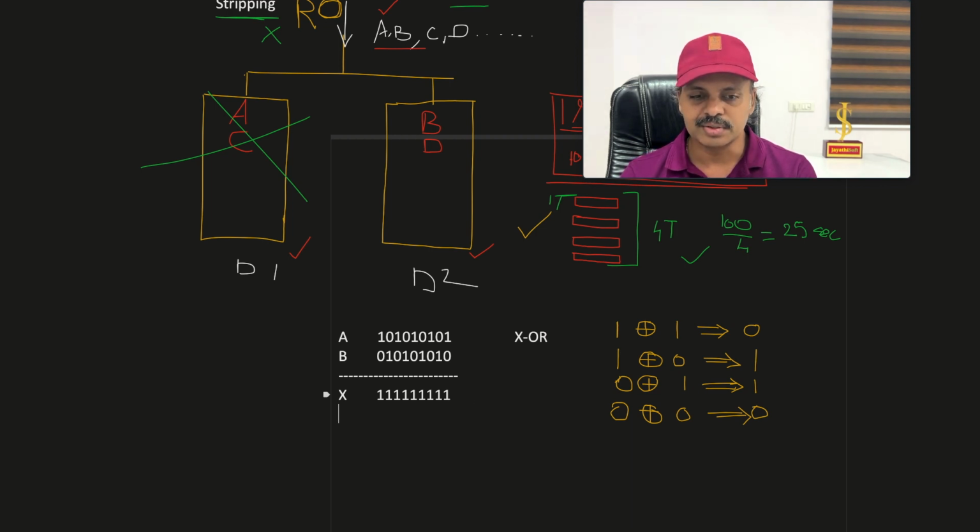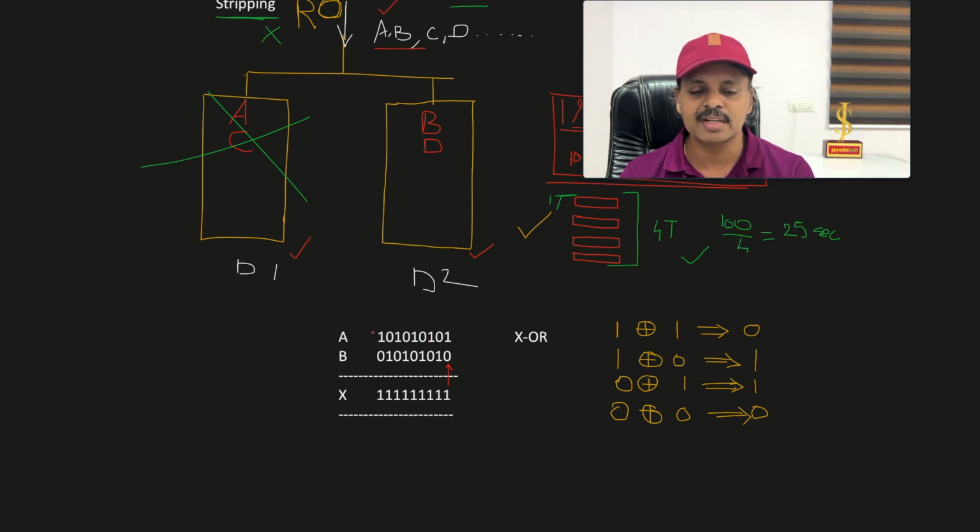Now let me ask you the fun part of this XOR algorithm. Let's try XOR on this X block with this one. You apply XOR on this 1 0 1 1 1 0 1 0 1. Are you getting exactly the same?